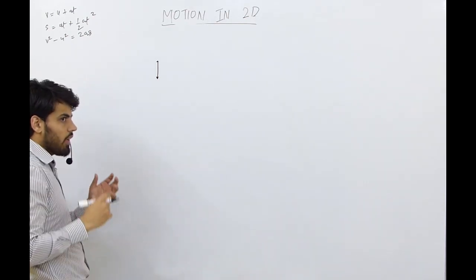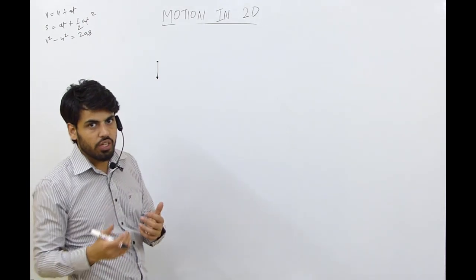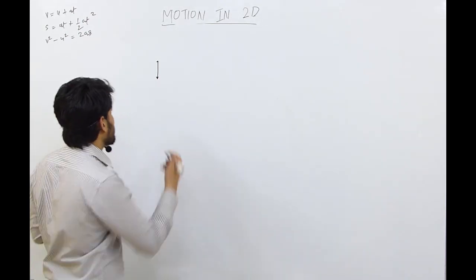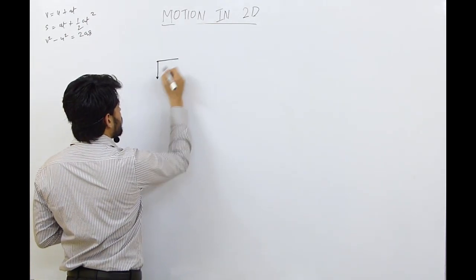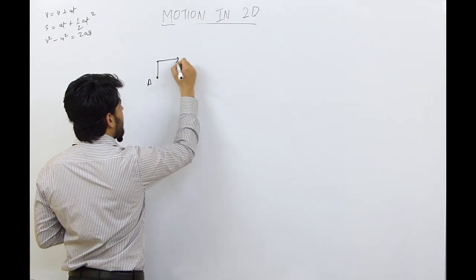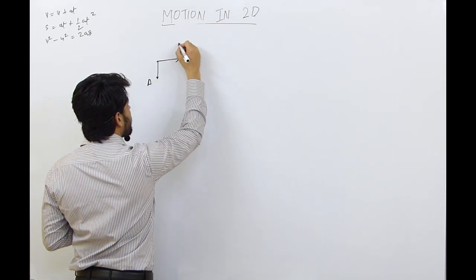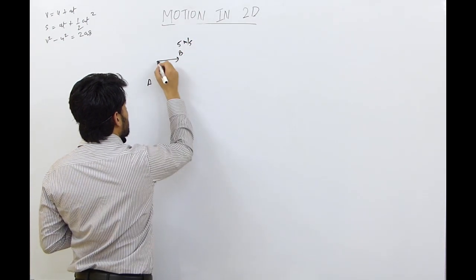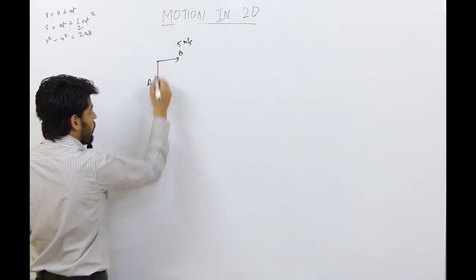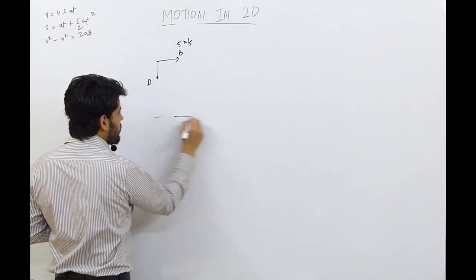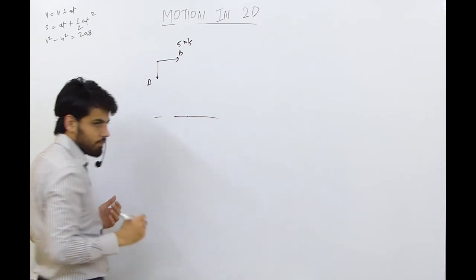It's the way the examiner asked the same question in different language. One is dropped, A, and B is thrown horizontally with a velocity of 5 meter per second. So will both objects reach the ground at the same time?